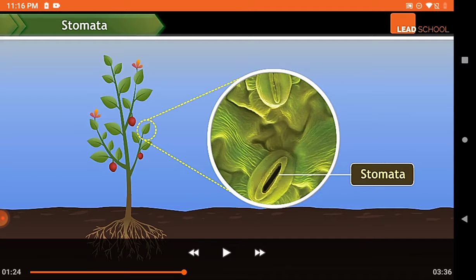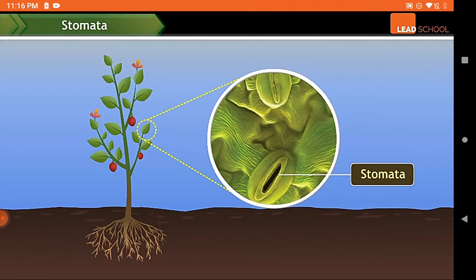So students, in the first step of photosynthesis, we have seen roots absorb water from the sand, and through small, tiny microtubes it reaches every part. From the root to every leaf, water reaches via tubes.